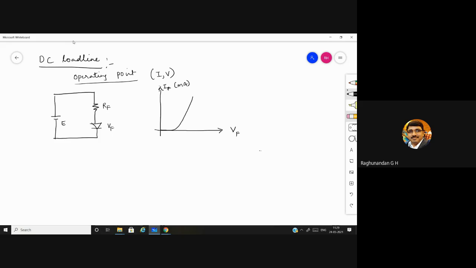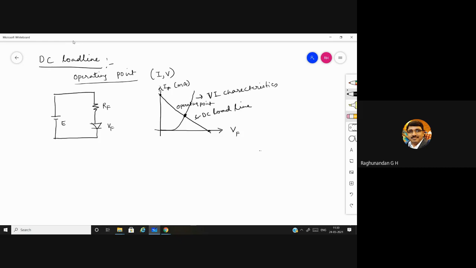And this is the VI characteristics curve, and this line is the DC load line. The point where the DC load line and VI characteristics intersect is known as the operating point.